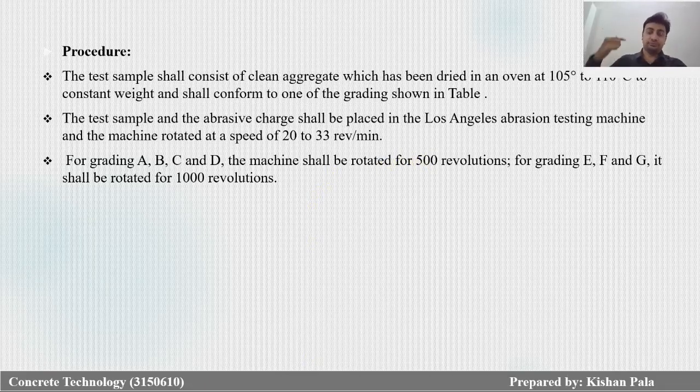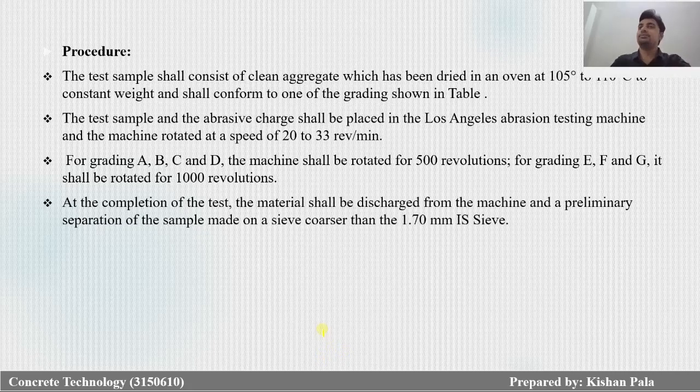How many rotations are required to complete this process? Once again, you have to refer to the grades of the sample. If you have A, B, C and D grade, then you have to allow it to rotate 500 revolutions. If you have E, F and G, it means you have to allow it to rotate 1000 revolutions to complete this process.